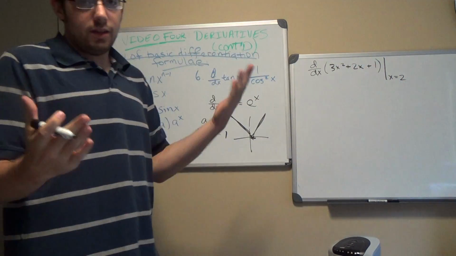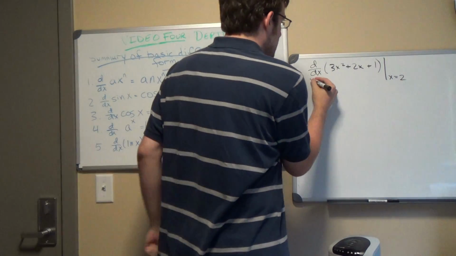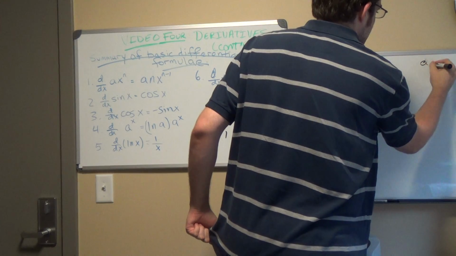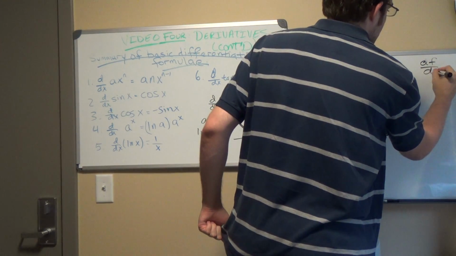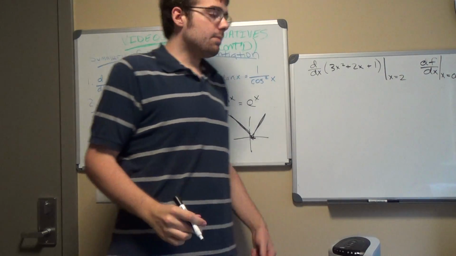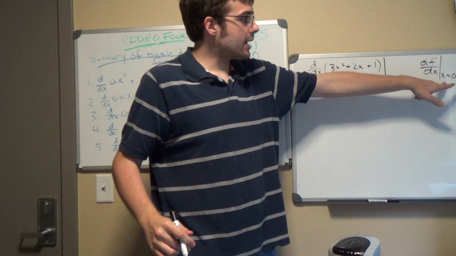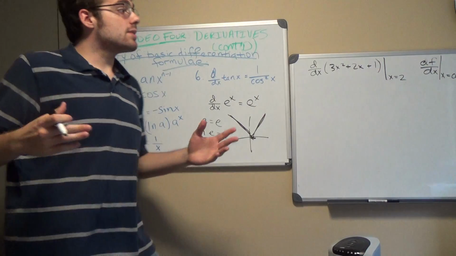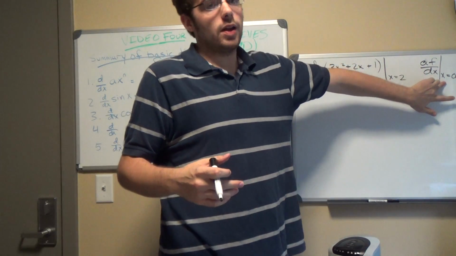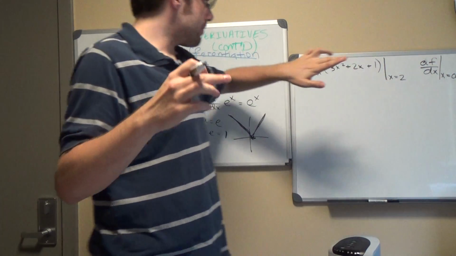The general notation for this is df dx, bar, x equals a. The big bar x equals a generally means that you want to find the derivative at a point, the slope at a point.